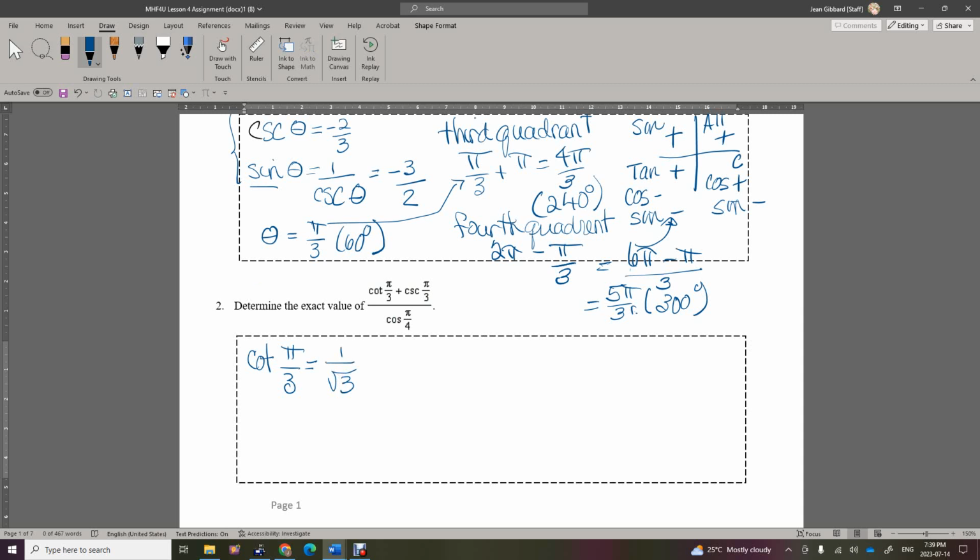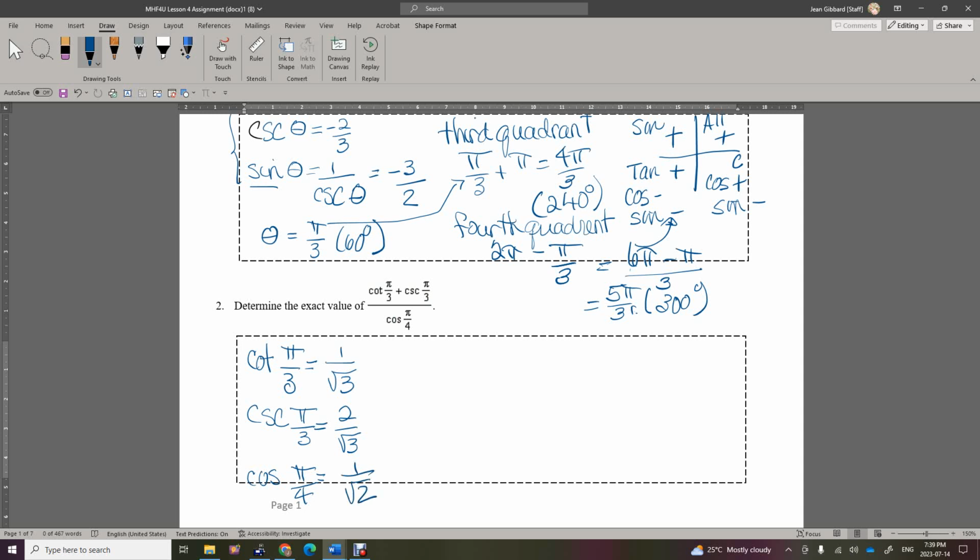And don't forget that cotan is the inverse of tan. And we know that cosecant of pi over 3 is 2 over square root 3 from our special triangles. And we know that the cos of pi over 4 is 1 over square root 2.